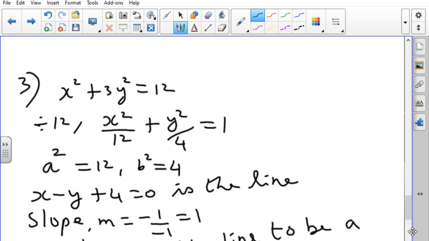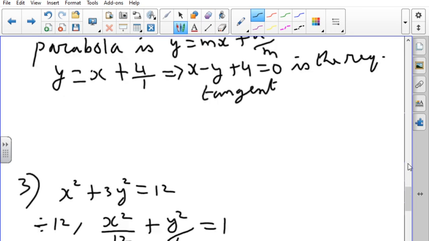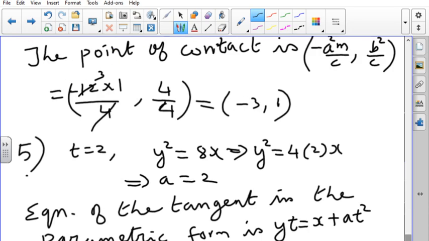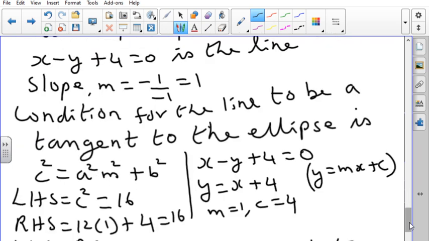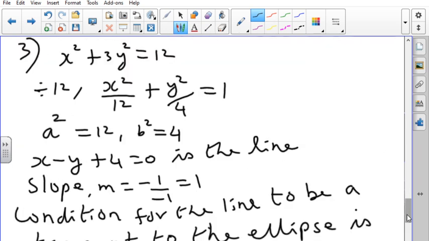Secant pi by 3 is 2, and what about tan pi by 3? Tan 60 is root 3.